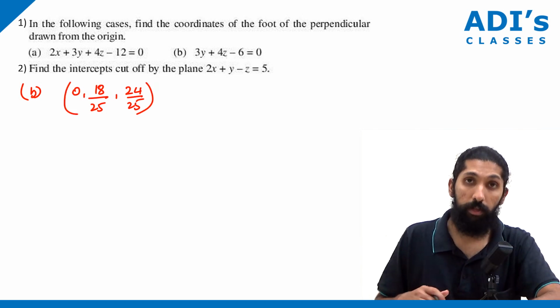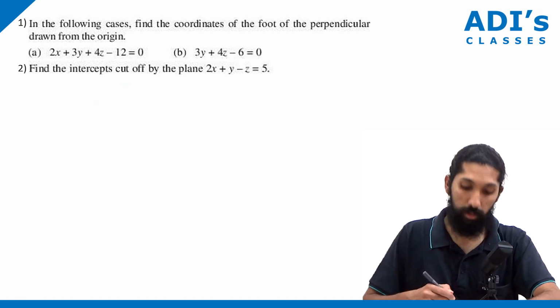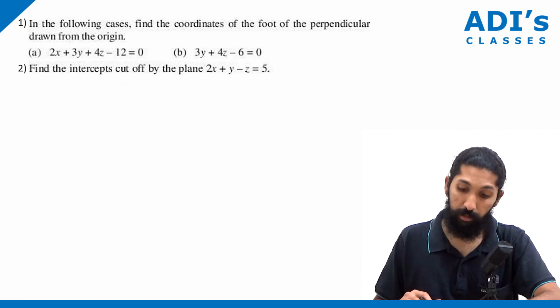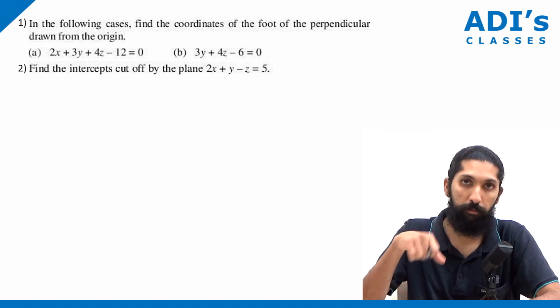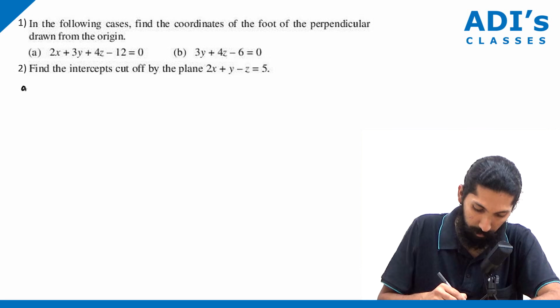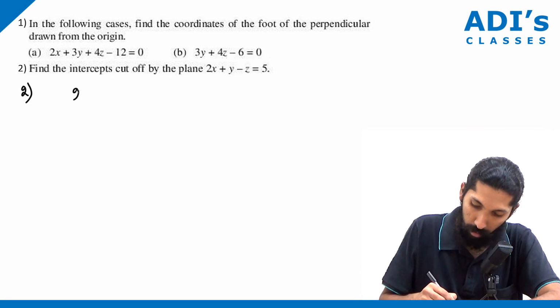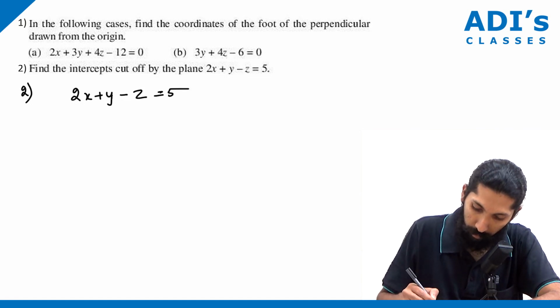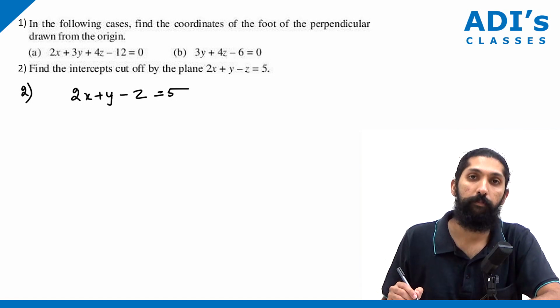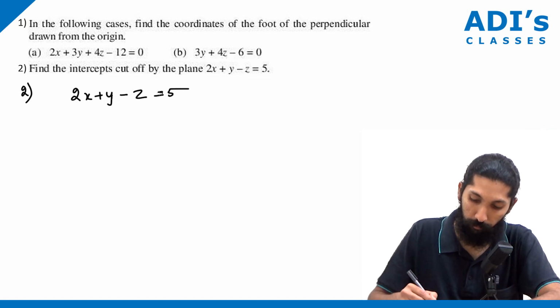Fine. Now let's do the second one. The question is, find the intercepts cut off by the plane 2x plus y minus z is equal to 5. Now this is a very, very easy type of problem. Here you have 2x plus y minus z is equal to 5. Now divide everything by 5.